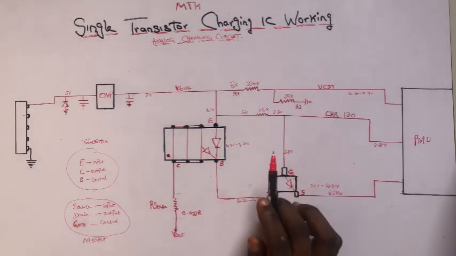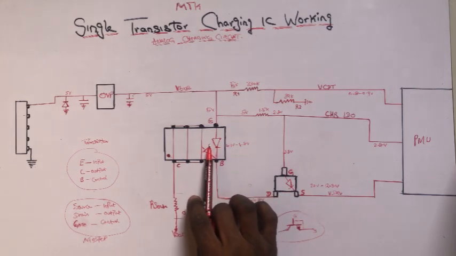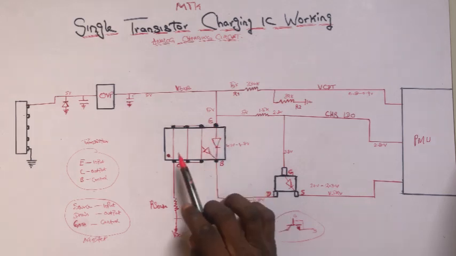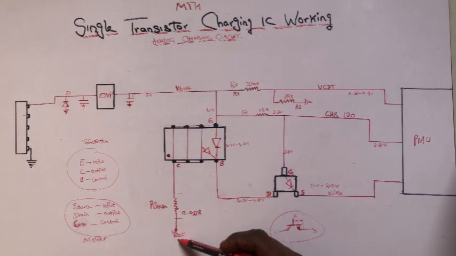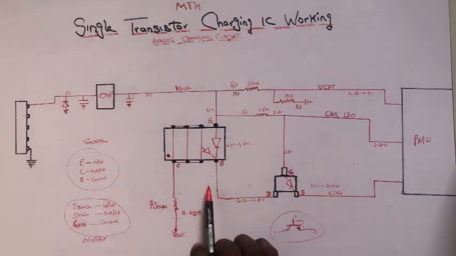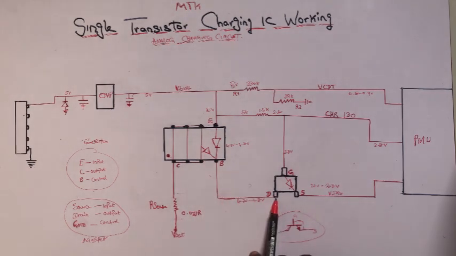I hope you understand. So now the work of this transistor is that the voltage from the emitter has to pass to the collector, and the line of our collector is our VBAT. But it won't happen unless this base is triggered, and before this base is triggered, it is this MOSFET that will trigger this base.